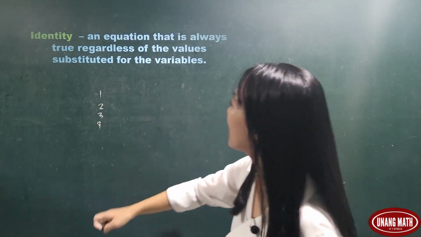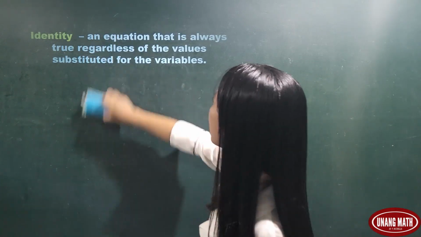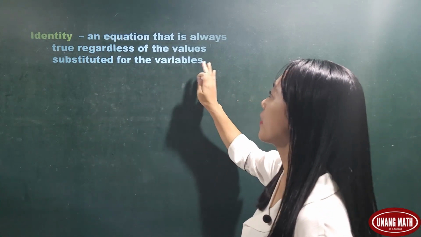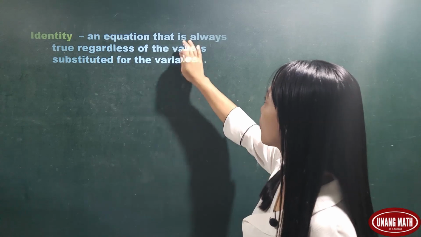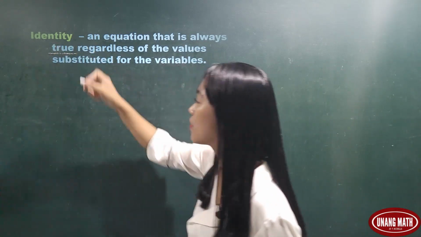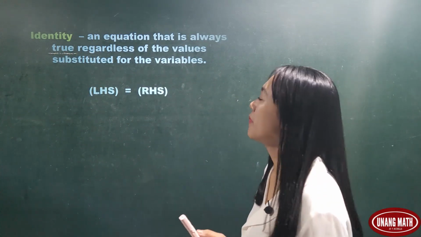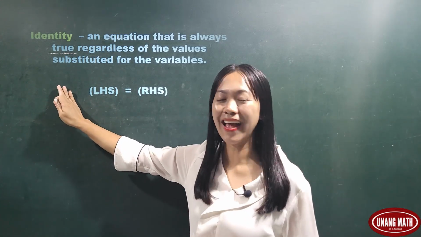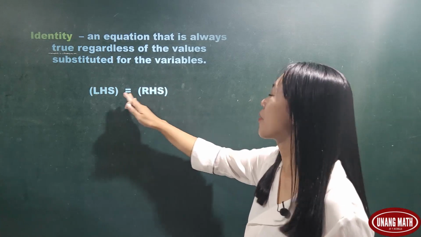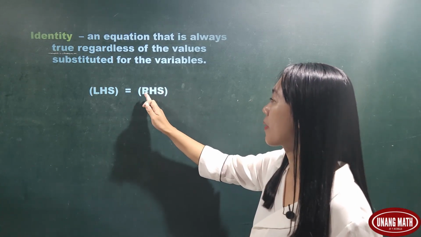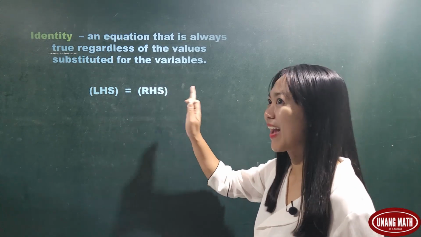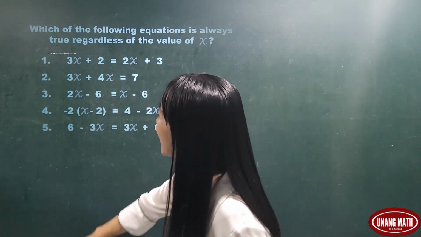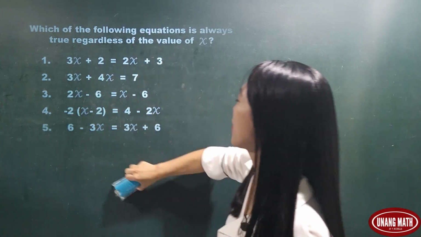So when we say identity equation, regardless of the values of the variables, this equation is always true. That means the number or the expression on the left-hand side is the same or equal to the number or expression on the right-hand side. Let's check these equations here.